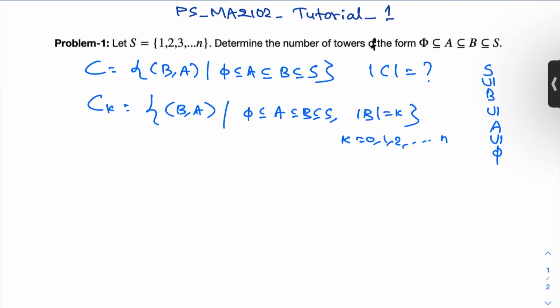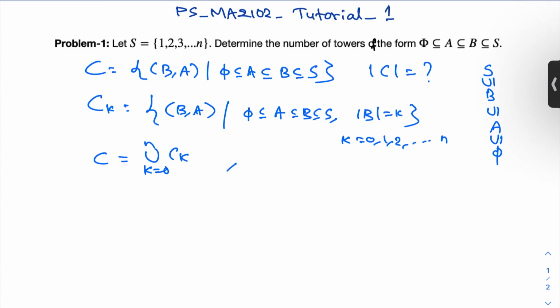Then we can easily see that C will be the union of these sets, because if you take any candidate from C, B will have some size k from 0 to n. So that candidate will be sitting in the corresponding Ck, right?